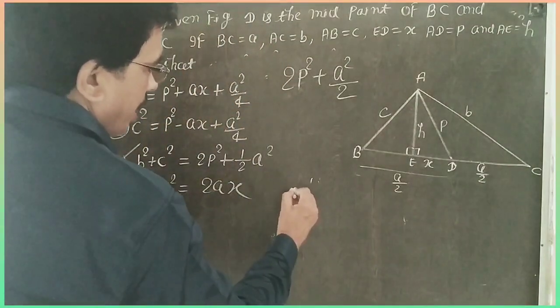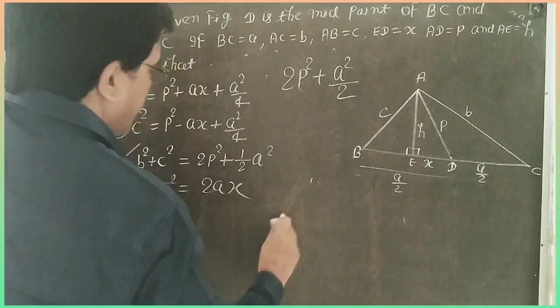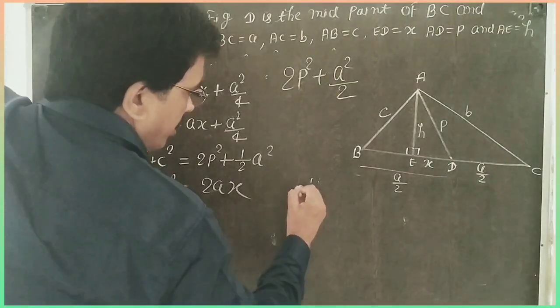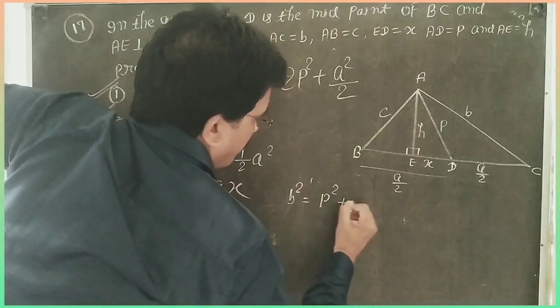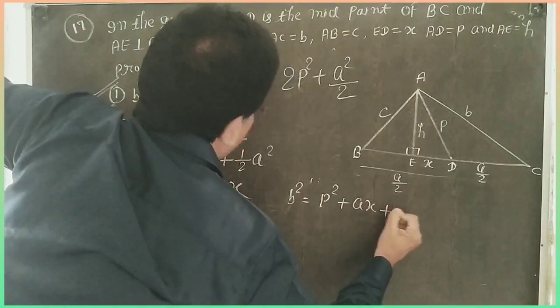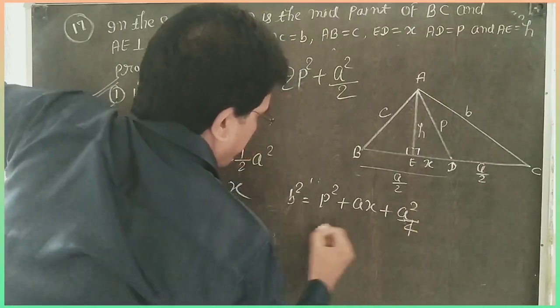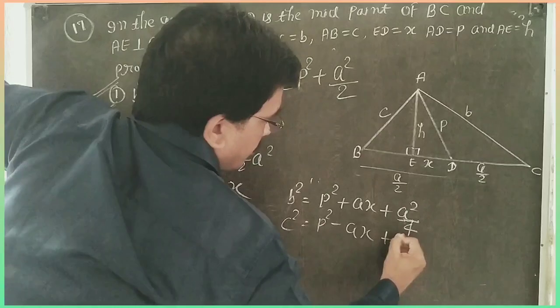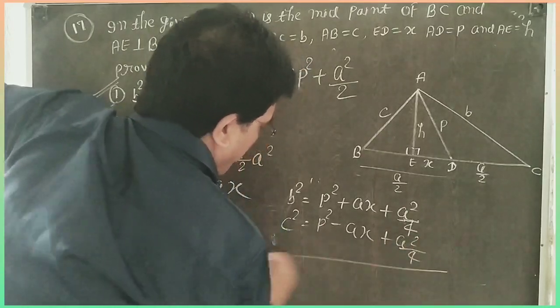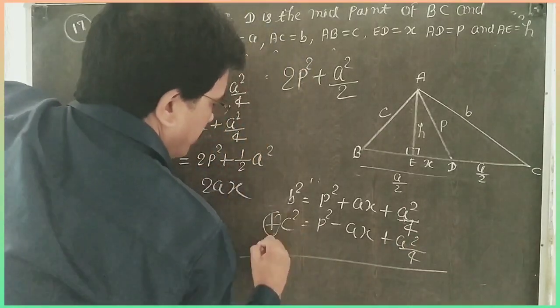So you subtract. The first equation is b square is equal to p square plus ax plus a square by 4, and c square is equal to p square minus ax plus a square by 4. When you subtract, the sign will be changed.